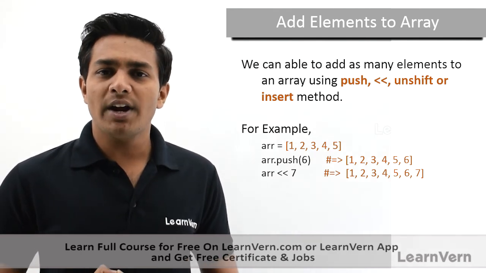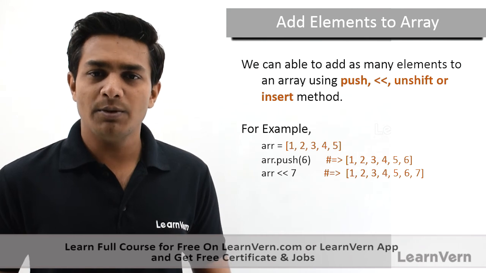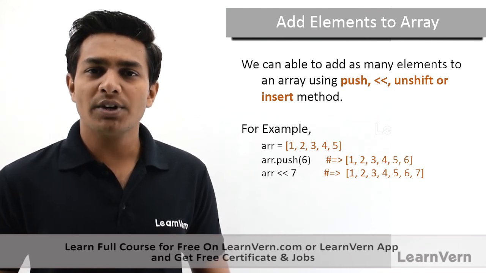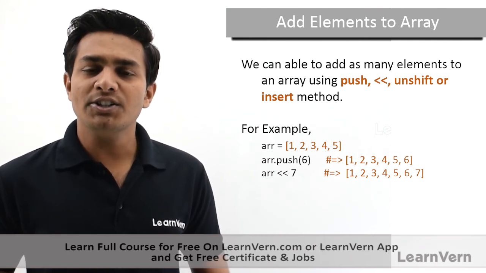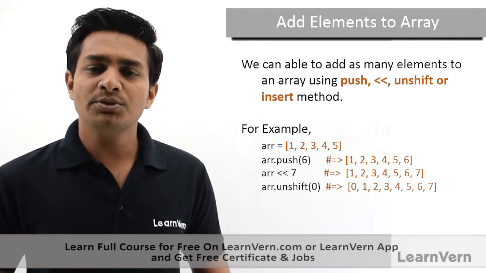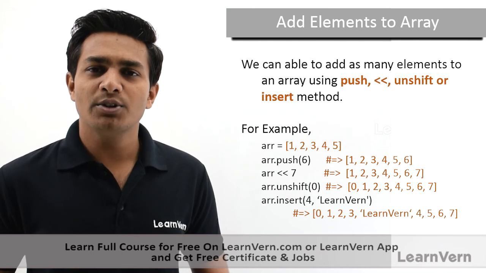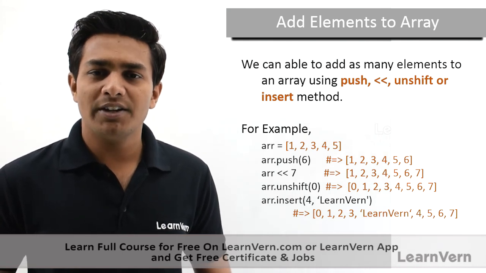Suppose I want to add one value to the beginning of my array. Before we have seen that push and less than method are inserting values to the end of array. But by using unshift method, it allows us to insert value in the beginning of the array.